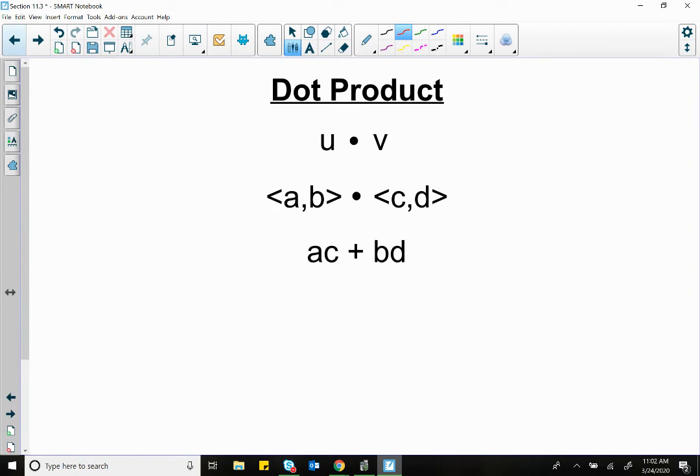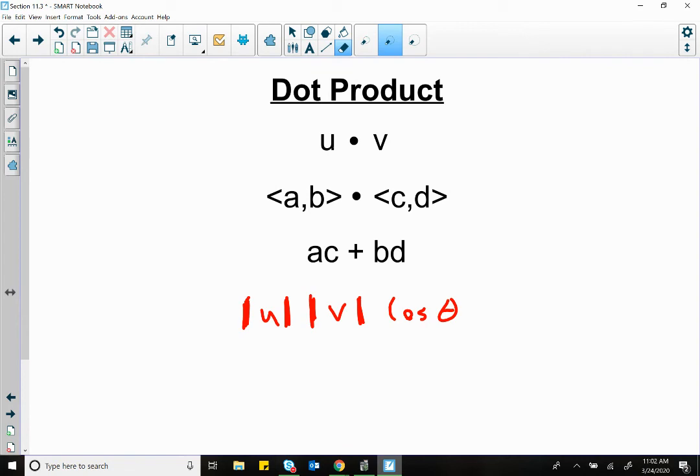On the back at the bottom, if you take the magnitude of your first vector times the magnitude of the second vector, times the cosine of the angle, that will give you the dot product.